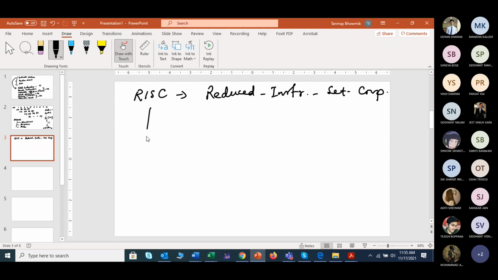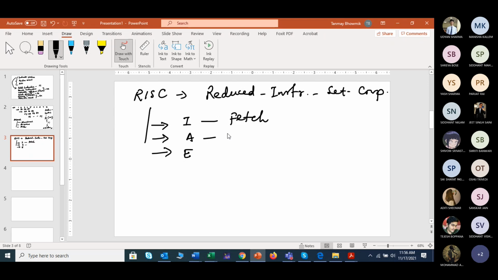How? Now in this RISC architecture, we will consider only 3 steps: instruction fetch, arithmetic or ALU operation, and the last one is execution. So this is for the fetch part.